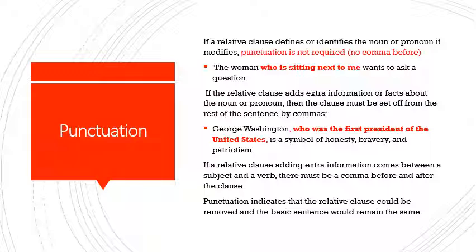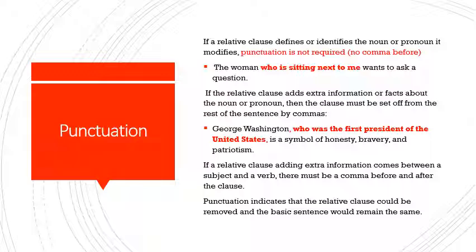However, when the information is additional, as is the case for this example, George Washington, comma, who was the first president of the United States, comma, is a symbol of honesty, bravery, and patriotism. I can't say the word patriotism.